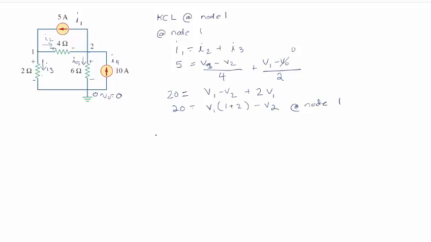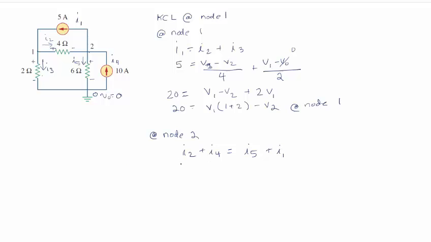So now we do the same thing at node 2. I have I2 going in plus I4 going in, 10 amps, equals current going out, which is I5, and the other current going out is I1.